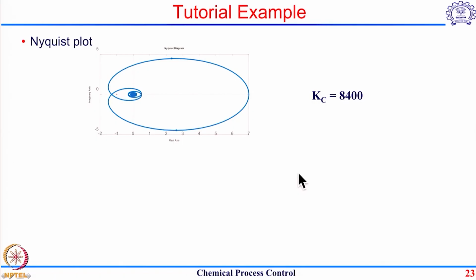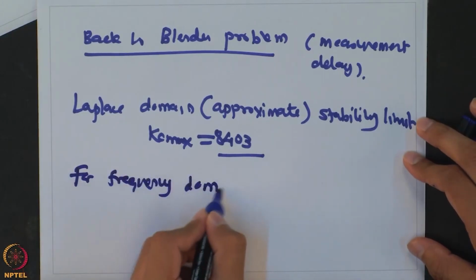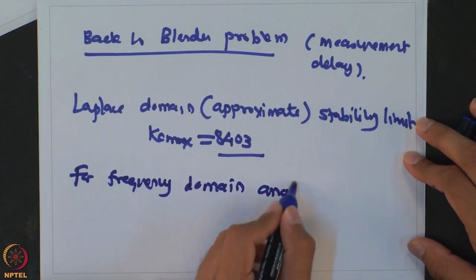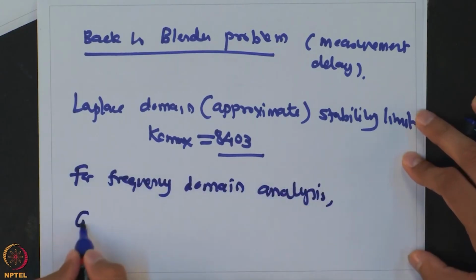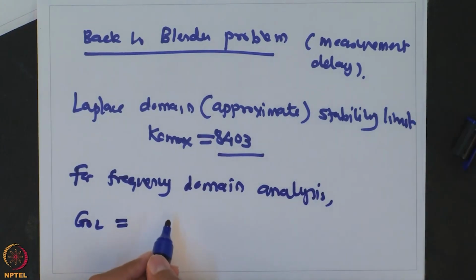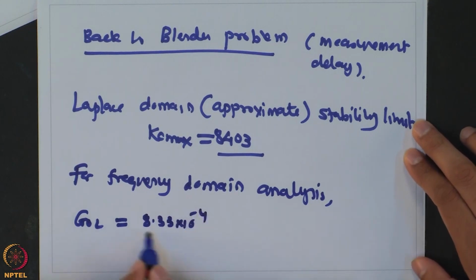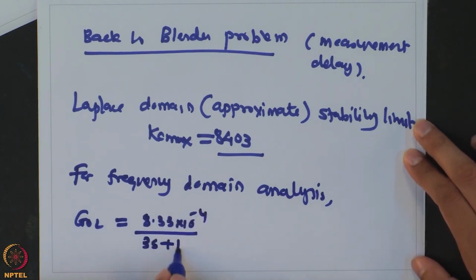And if we do the frequency domain analysis for this system, our GOL in that case is 8.33 10 raised to minus 4 over 3s plus 1.